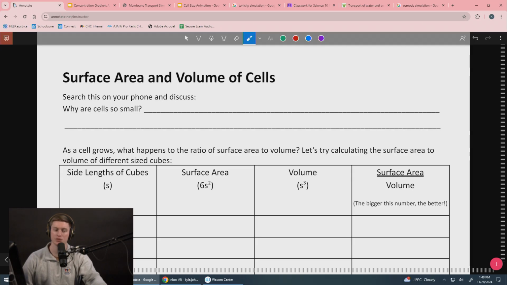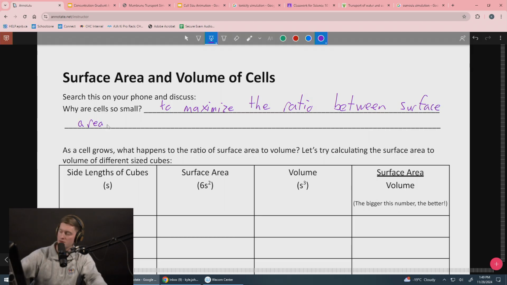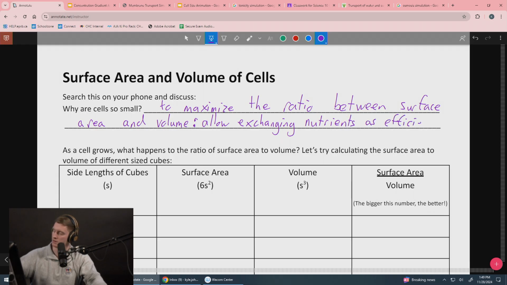The reason cells are so small is to maximize the ratio between surface area and volume, which will allow exchanging nutrients as efficiently as possible.